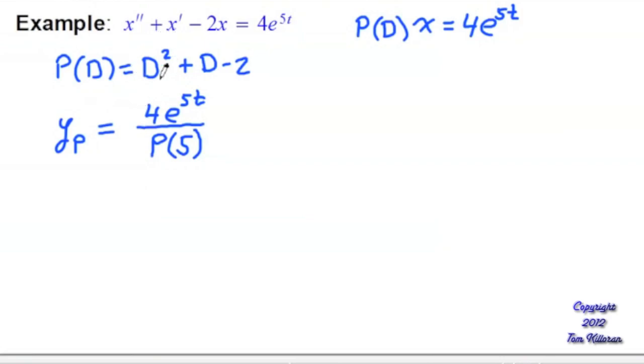That would be 5 squared, that's 25, plus 5 is 30, minus 2 is 28. So this becomes 4/28 of e to the 5t, which is equal to 1/7 e to the 5t. And this would be a particular solution to this differential equation.